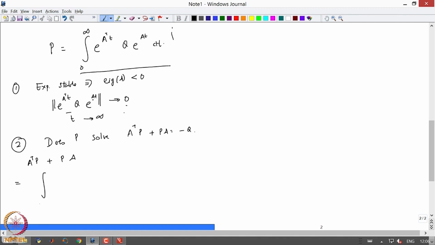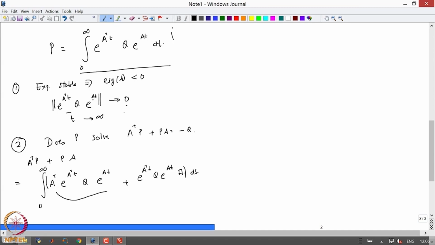I will substitute for P, and get the integral from 0 to infinity of A transpose times P, where P is e power A transpose t Q e power A t, plus P times A, where P is again e power A transpose t Q e power A t, dt.